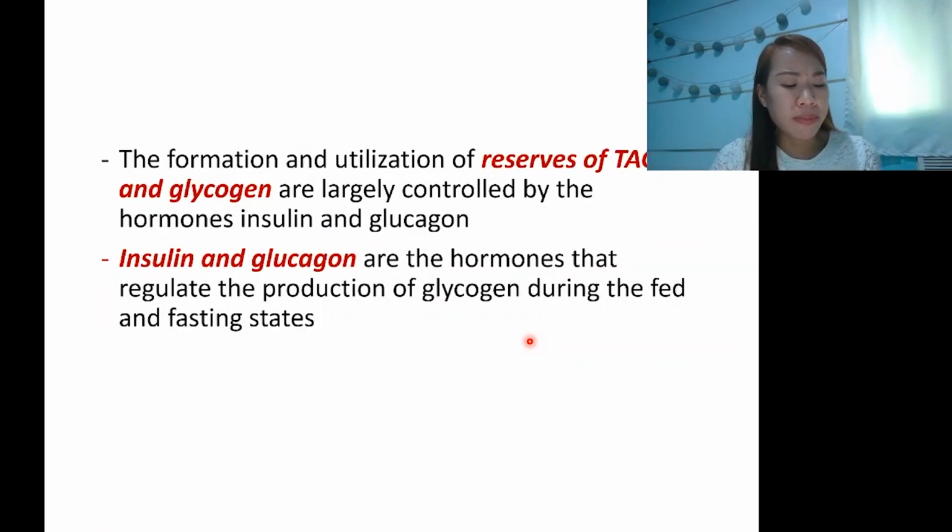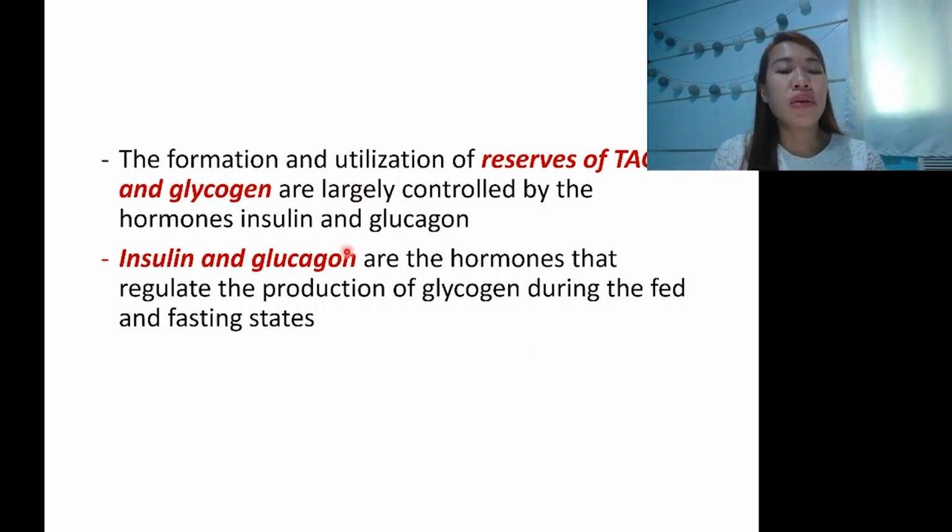Next, we have the formation and utilization of reserve triacylglycerols and glycogen. They are largely controlled by the hormones insulin and glucagon. So you have to take note of that. Even if the utilization of these reserves is very much needed as soon as possible, these are still controlled by two hormones, which are insulin and glucagon.